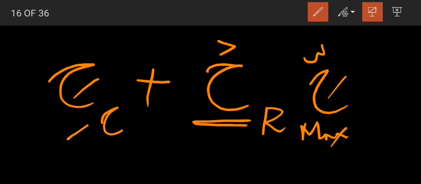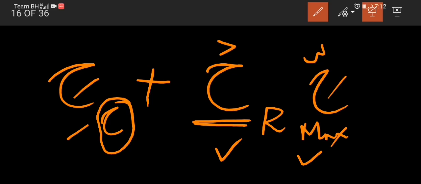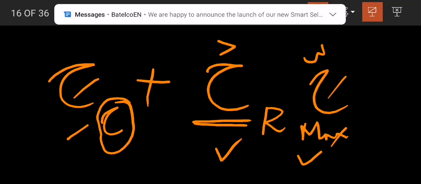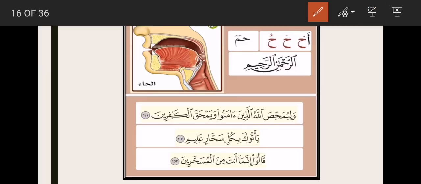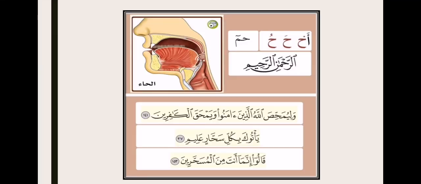But usually they do the rakhawa with maximum timing, but they miss this part. Then it is a problem. وَلِيُمَحِّصَ. Understood? وَلِيُمَحِّصَ.